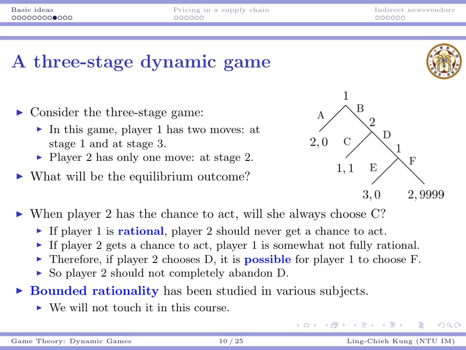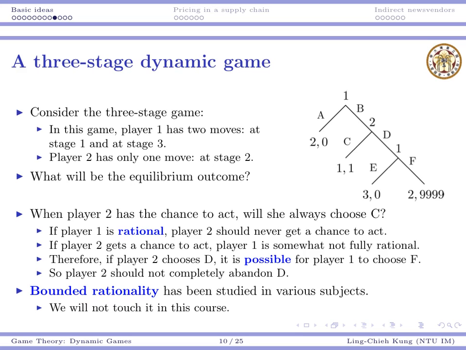For example, when you have multiple choices, you probably do not always choose the one that maximizes your payoff. You probably will do a randomized choice, but the one that maximizes your profit gets the highest probability.